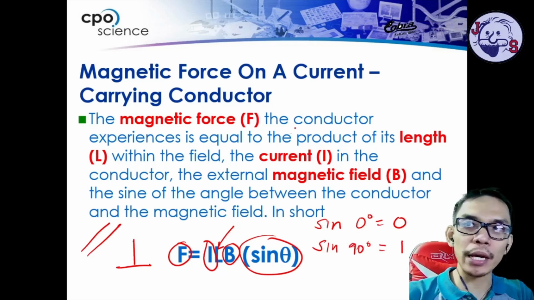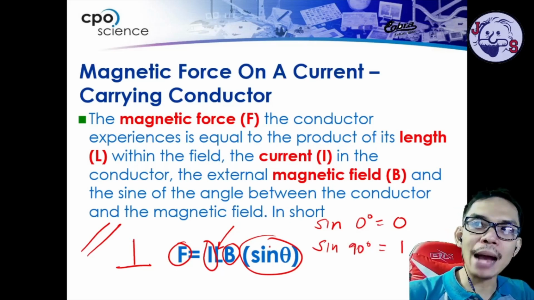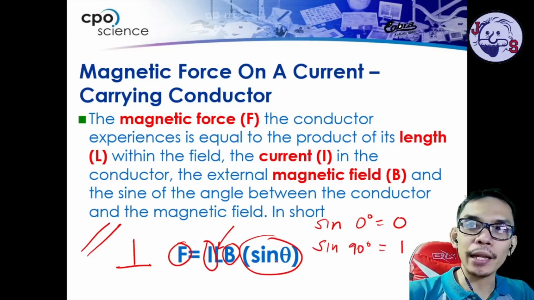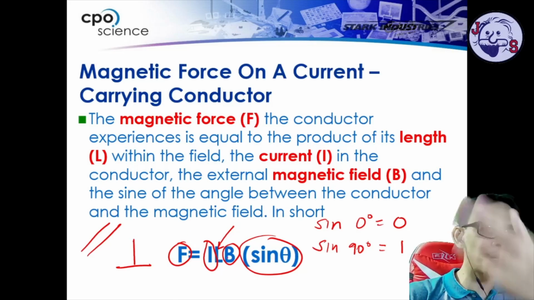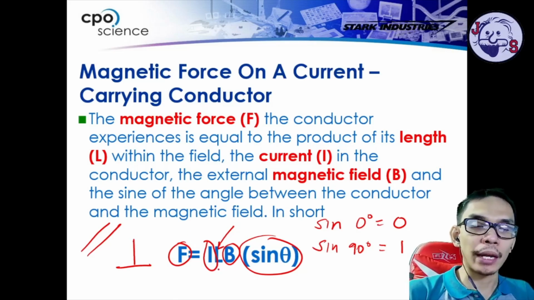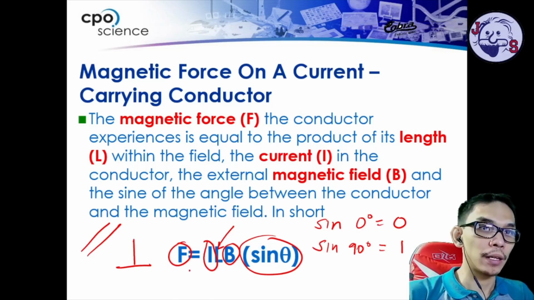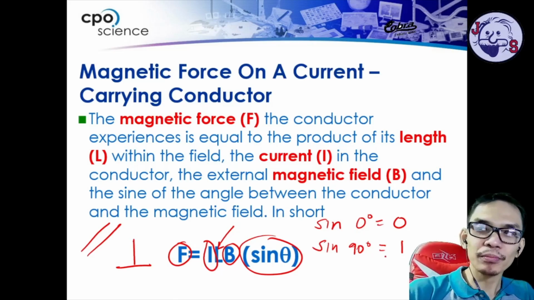Meaning to say, the angle at which the wire is placed over the external magnetic field creates this particular force, and the force depends on this angle.